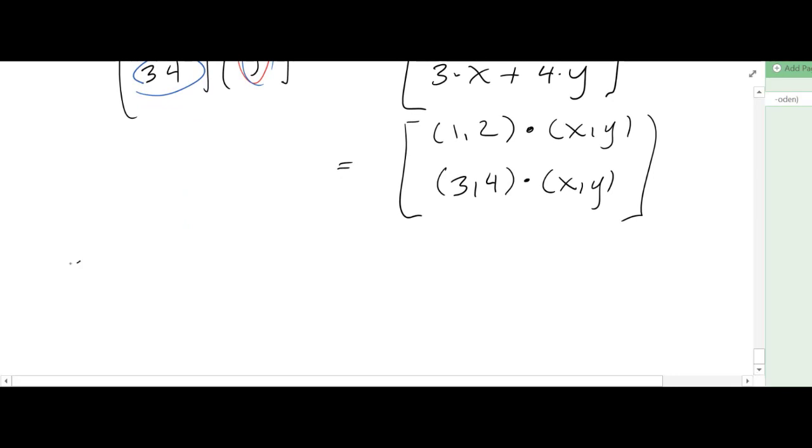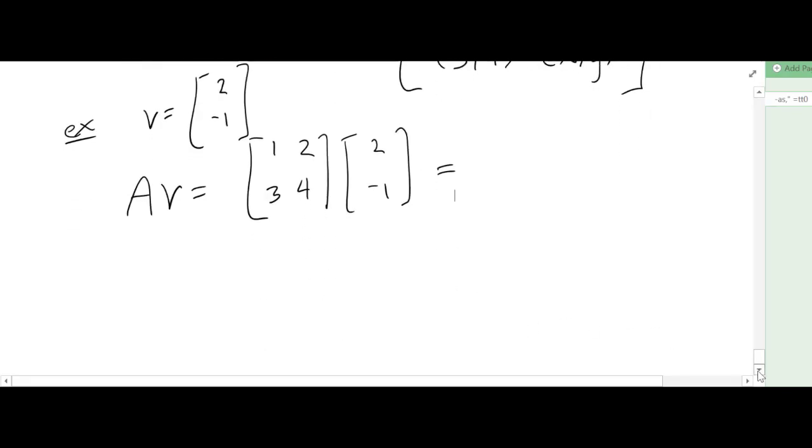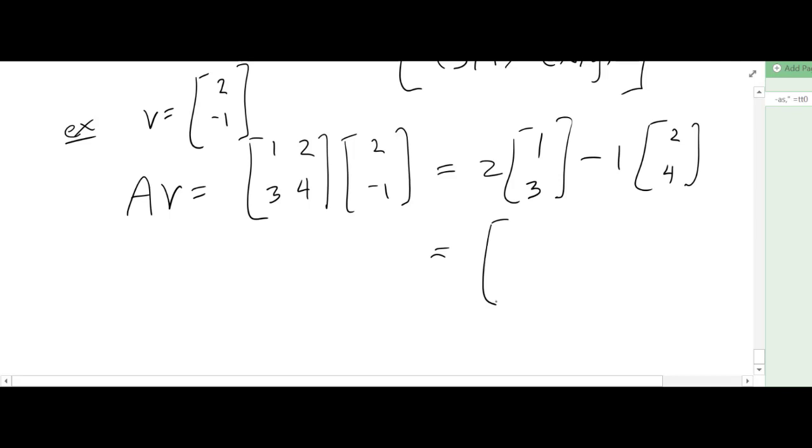So for example, if V is the vector 2, negative 1, using the same matrix, then A times V is 1, 2, 3, 4 times 2, negative 1. You can write that as 2 times 1, 3 minus 1 times 2, 4, in which case you would get 0, 2.